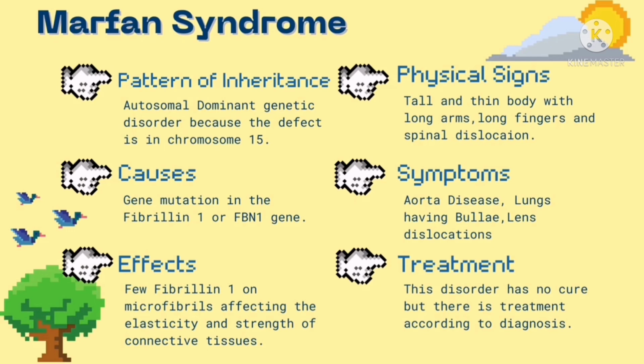The effect of this syndrome is weak and less elastic connective tissue that affects the skeleton, heart, eyes, lungs, and blood vessels. The physical signs are tall stature and long arms, fingers, toes, and spinal curvature. The symptoms are aortic disease, lungs having bullae, and lens dislocation.